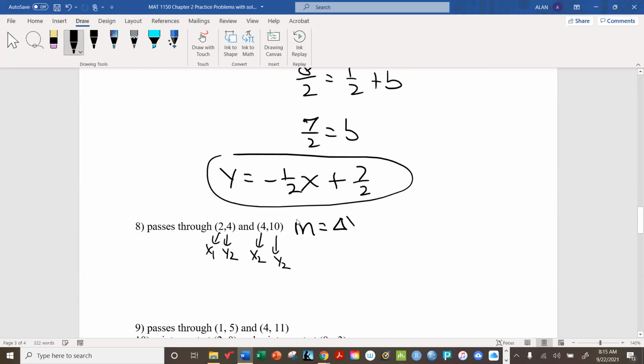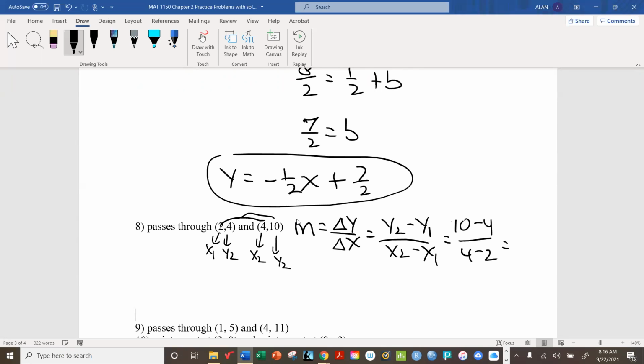So we start with the slope. The difference in the y is 10 minus 4. The difference in the x's is 4 minus 2. 6 halves, or 3.